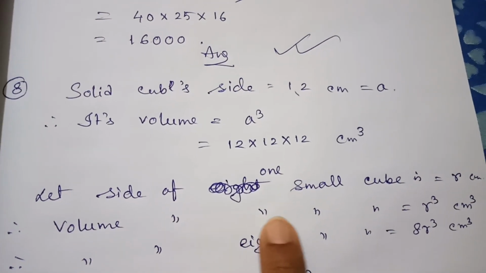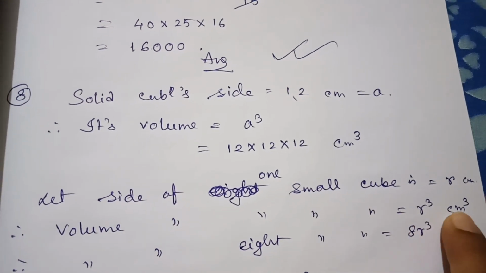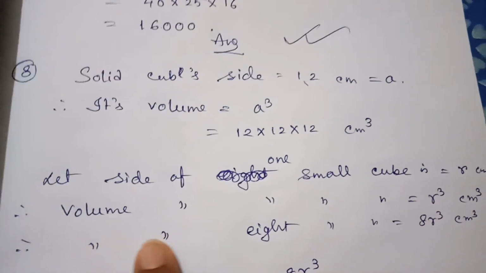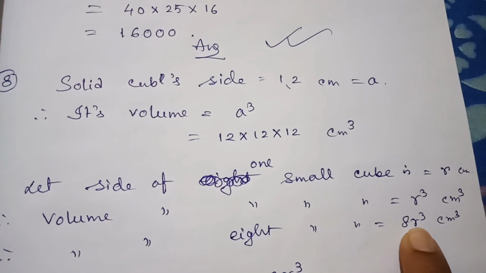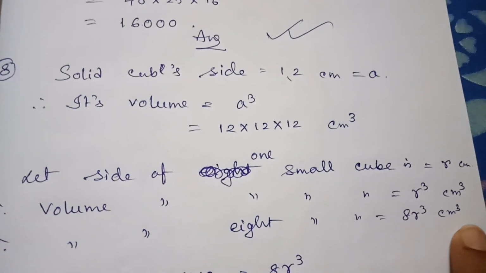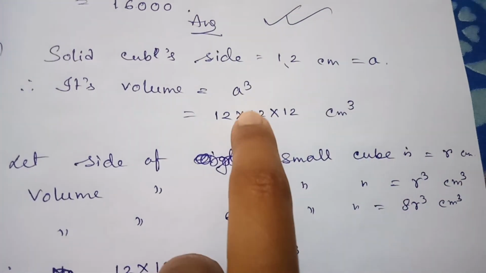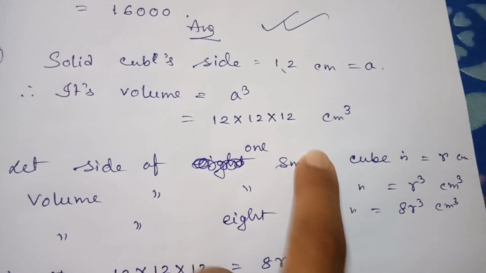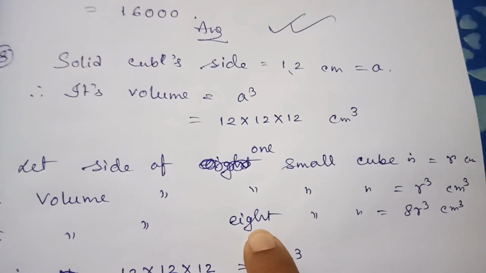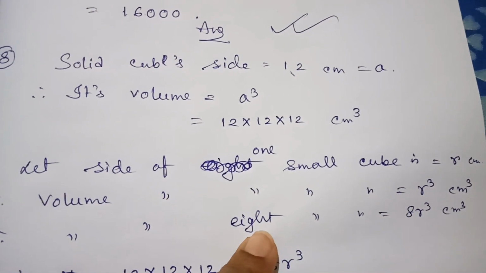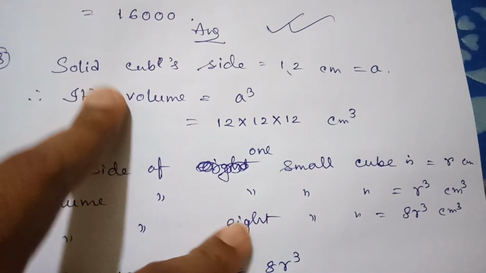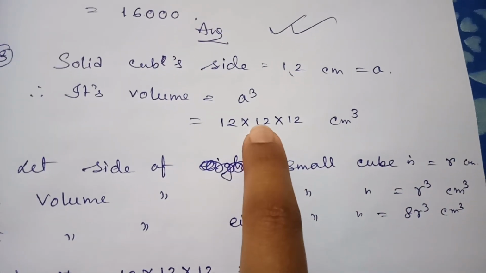So the volume of one small cube will be r cube centimeter cube. Volume of 8 small cubes will be 8 into r cube centimeter cube. Now according to the question, 8 r cube is equal to 12 into 12 into 12, because these 8 small cubes have been formed from the solid cube. So their volumes will be equal.